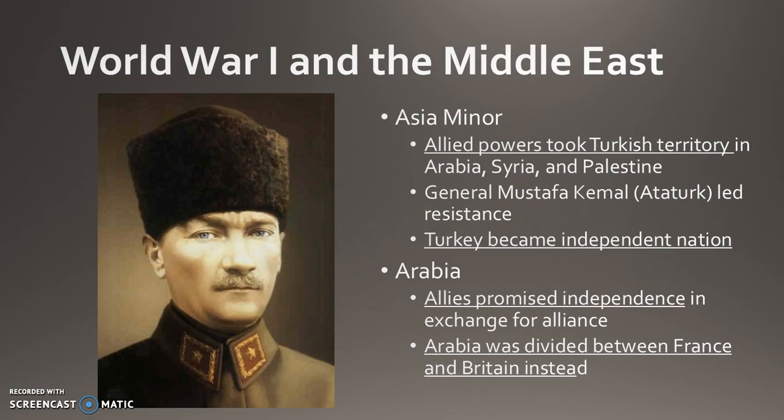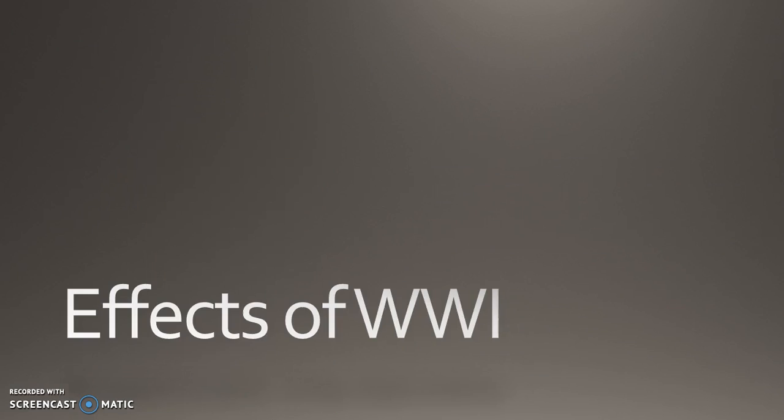In the Arabian Peninsula, the Allies actually promised independence to the Arabians if they joined them in their war effort, and they took back that promise. When the war was over, they divided Arabia into colonies between France and Great Britain, and so they walked back on that promise, and that led to a lot of ethnic conflicts in the region.